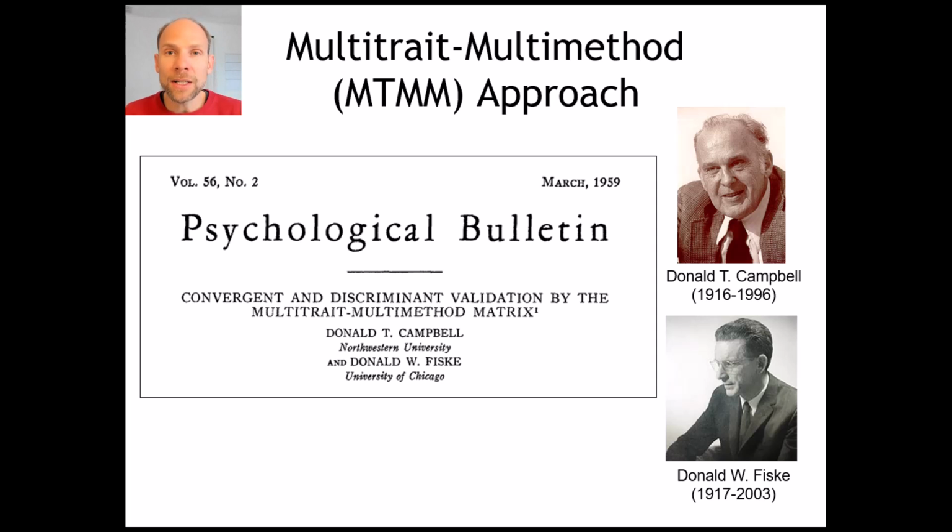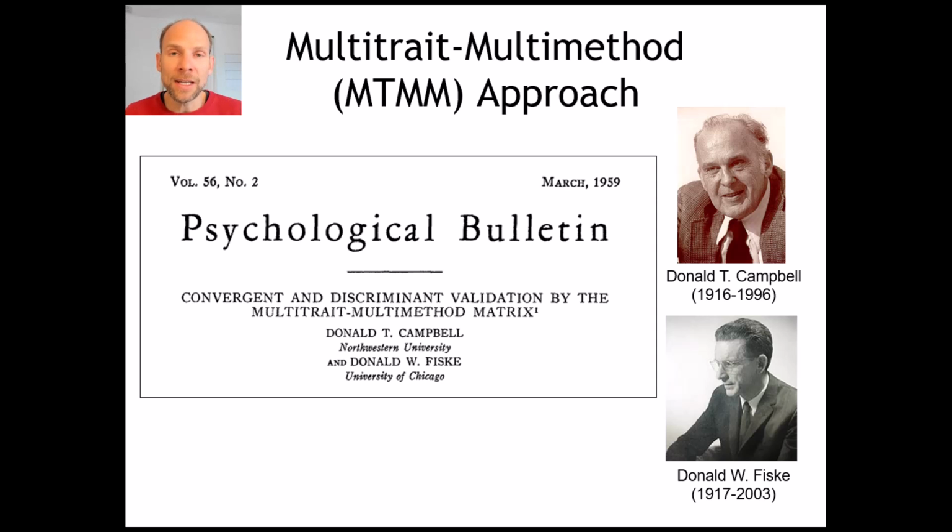And construct validity is one aspect of validation of measures, and specifically there are two aspects to construct validation: convergent validity and discriminant validity. And you can see here that the title of Campbell and Fiske's 1959 article was Convergent and Discriminant Validation by the Multitrait-Multimethod Matrix.